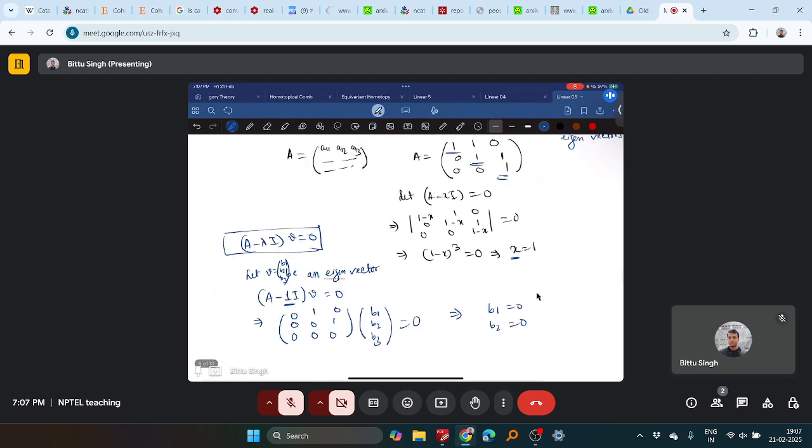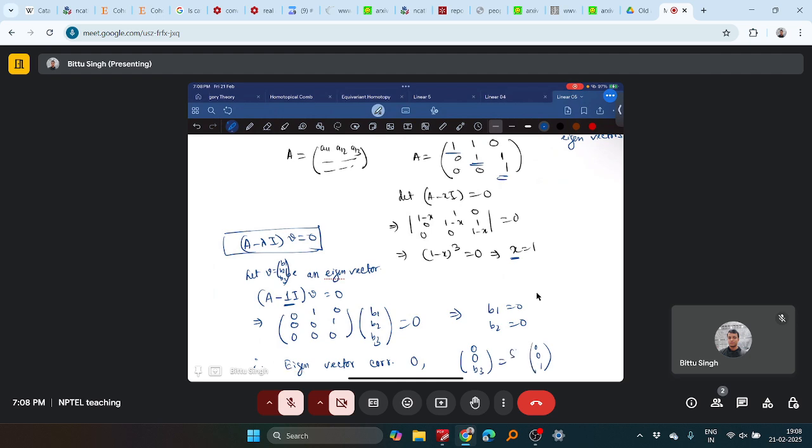Therefore the only possible eigenvector corresponding to eigenvalue 1 takes the form where B1, B2 are 0, but B3 can be anything, right? So it is spanned by the vector 0, 0, 1.